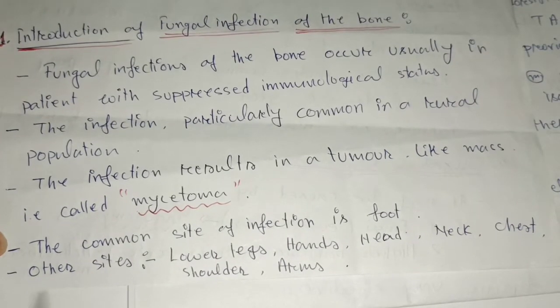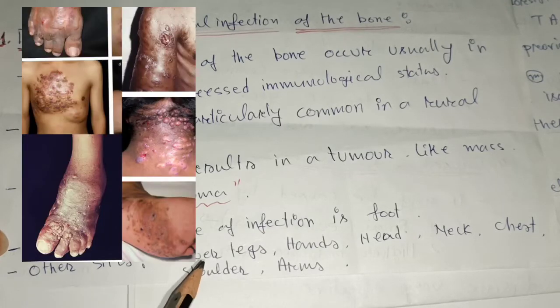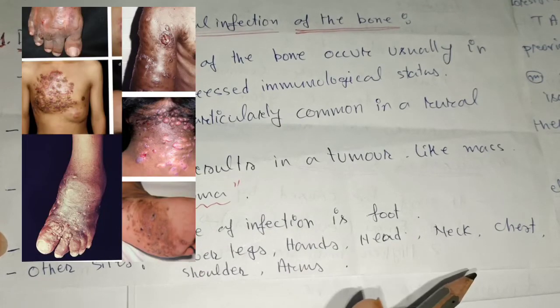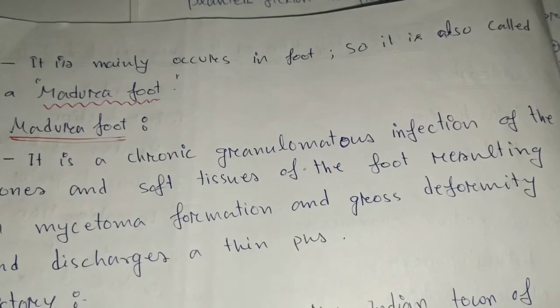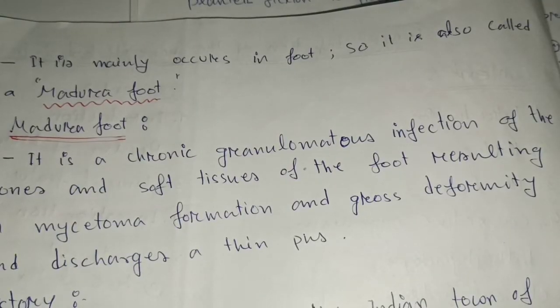It is more common in the foot, and the other sites are the lower leg, hands, head, neck, chest, shoulder, and arms. It mainly occurs in the foot, so it is also called a Madura foot.